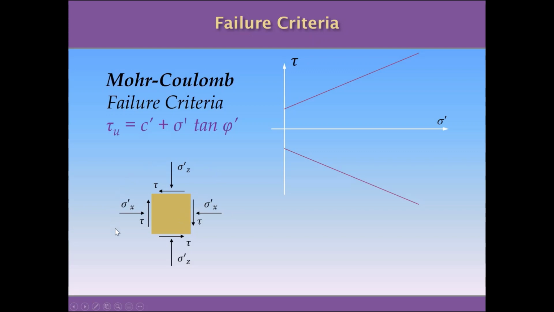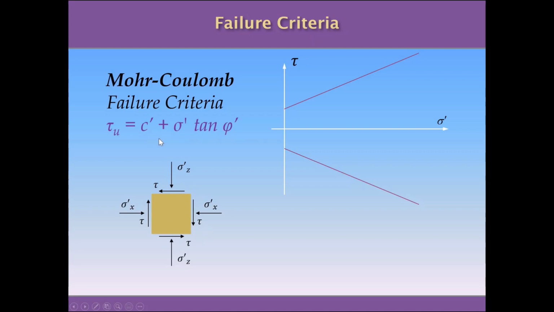For example, this element in here, this square, can represent the state of stresses in a point under a foundation. So in this case, we are representing the horizontal axial stresses as sigma x, the vertical ones as sigma z, and we have a set of shear stresses as well.